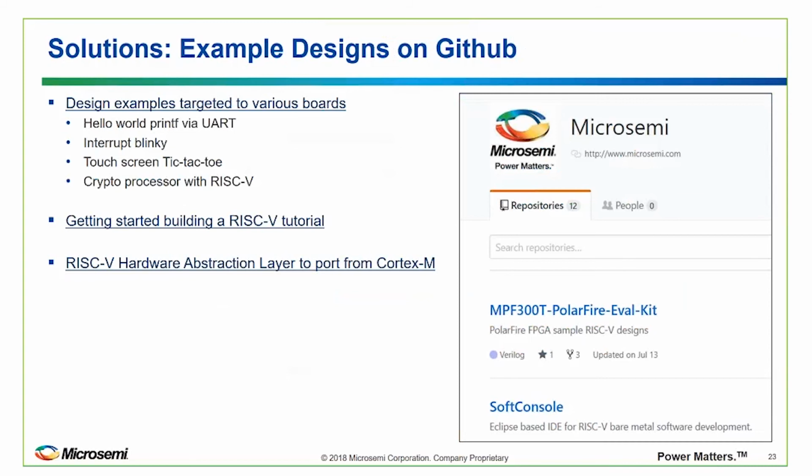There's also the hardware abstraction layer port from Cortex-M, so you could move from a Cortex-M series to a RISC-V if you wanted to do that. So this is a look at the GitHub site. If you just Google Microsemi RISC-V GitHub, it'll bring the link up for you. You can go out there and see all the information that's out there. We have examples that target various different boards.